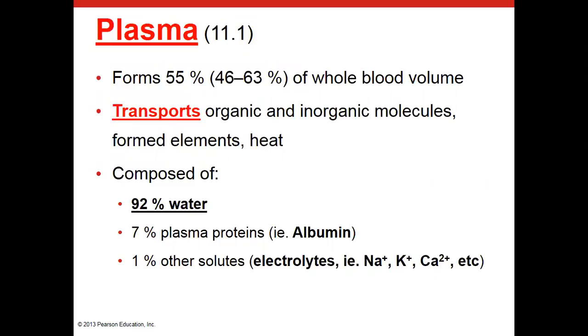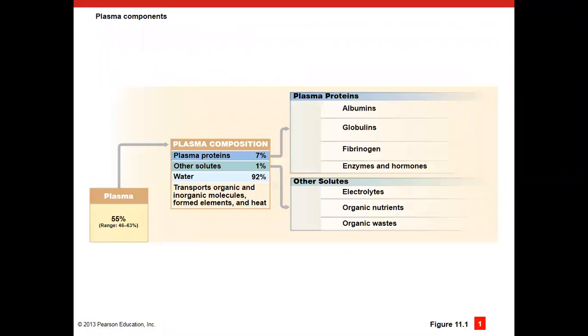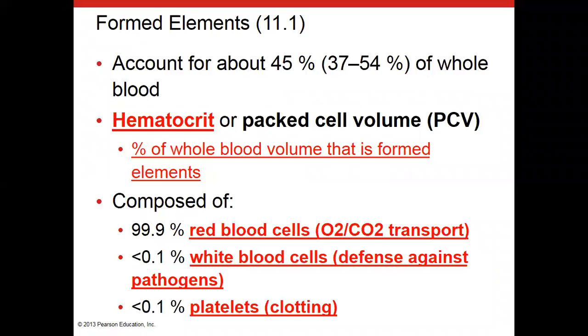There are electrolytes like sodium and potassium. Sodium is Na, right? K is potassium. And then you've got calcium and ions there that are really important to the function of the body. The formed elements account for about 45%, but there's variability from human to human and between males and females.